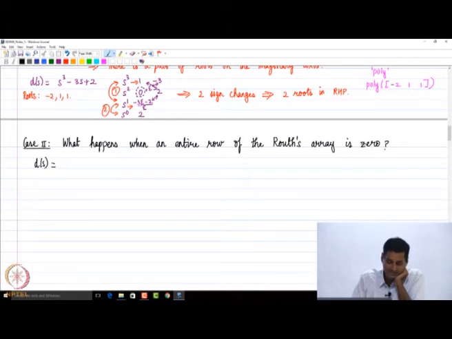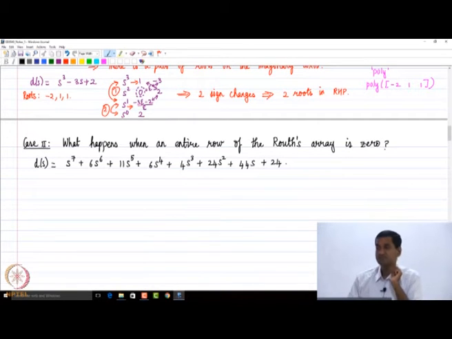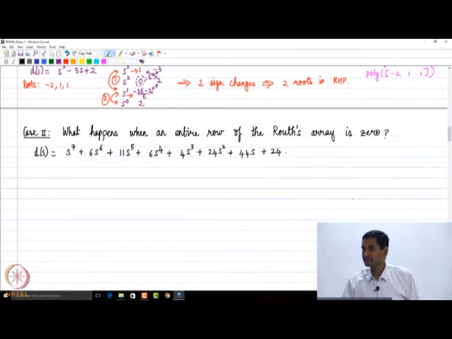So, let us consider the polynomial s power 7 plus 6 s power 6 plus 11 s power 5 plus 6 s power 4 plus 4 s cube plus 24 s squared plus 44 s plus 24, a 7th order polynomial with 8 coefficients.